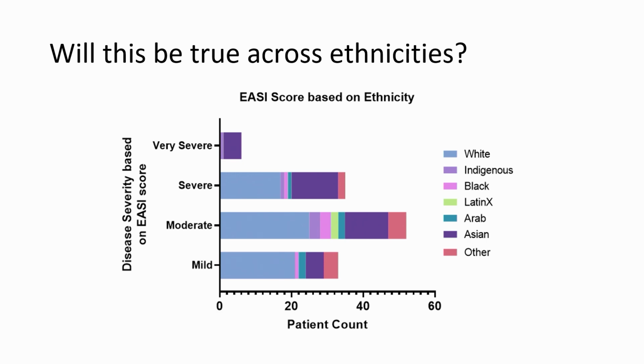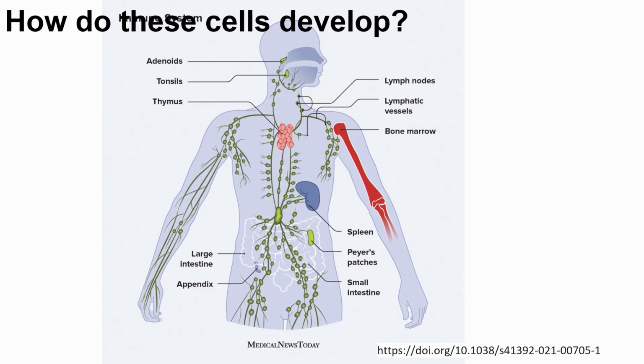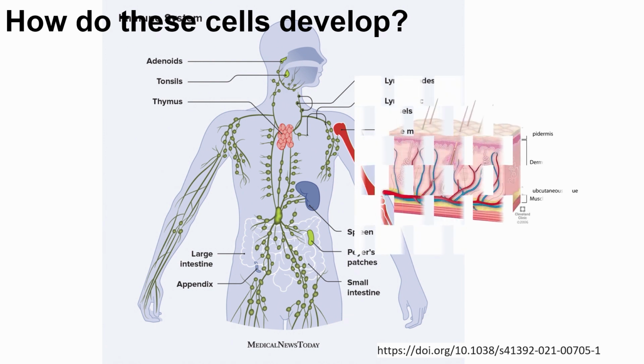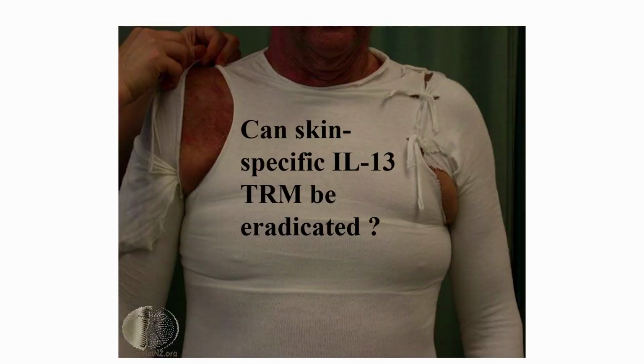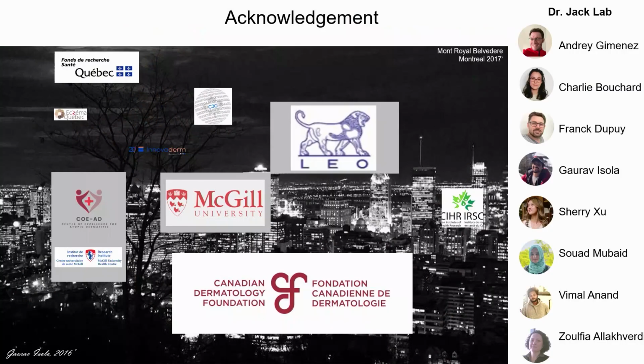We also don't know whether or not this will be true across all ethnicities. We don't know how these cells develop, and we need to focus on identifying whether or not these novel pathways contribute. And so, of course, our ultimate goal is to see whether or not these skin-specific cells can be eradicated.